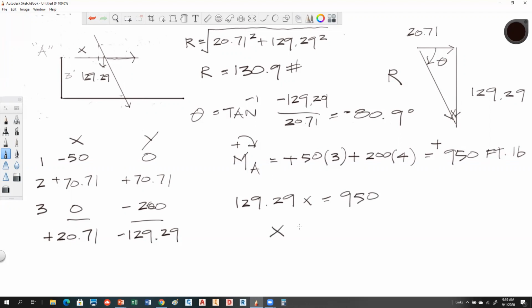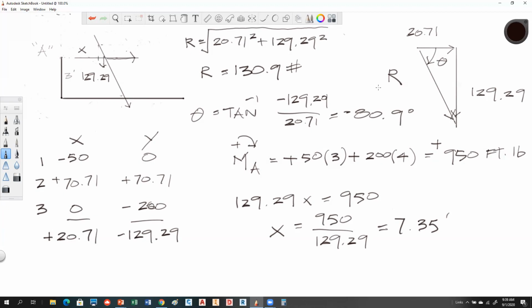So x then is going to be equal to 950 divided by 129.29. And it tells me that that has to be 7.35 feet. So this distance here would have to be 7.35 feet.